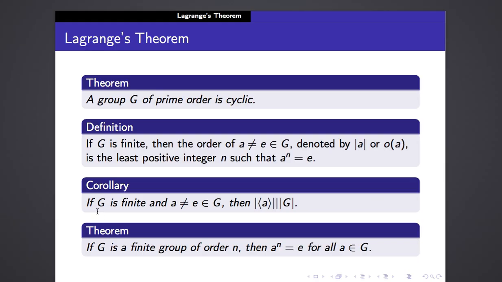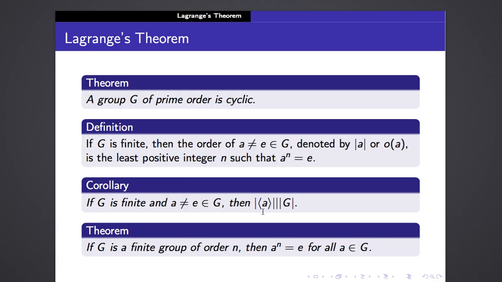Corollary: if G is finite and a is an element of G which is not the identity, then the order of the cyclic subgroup generated by a divides the order of G. There's nothing to mention any further about this.